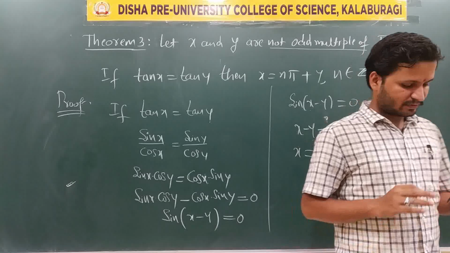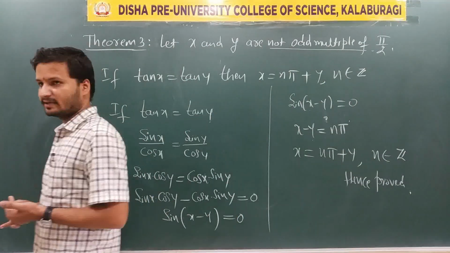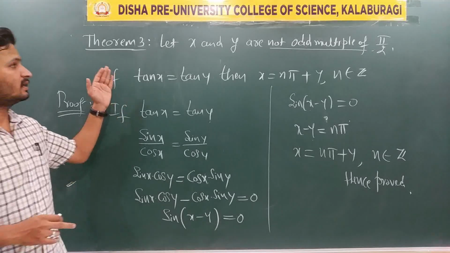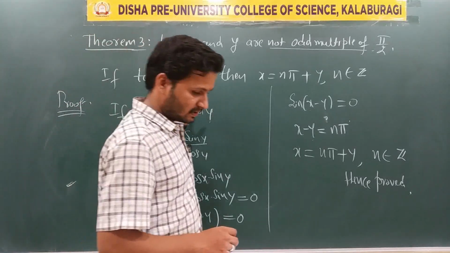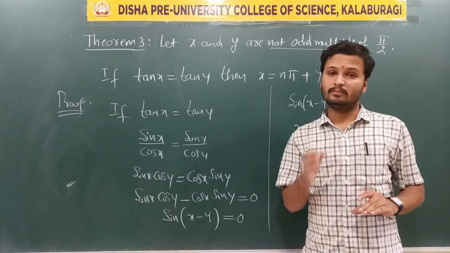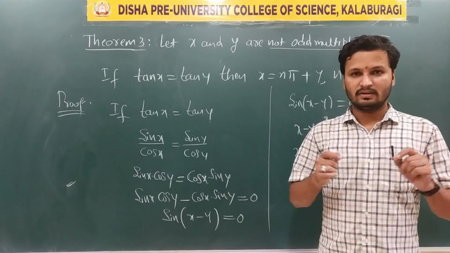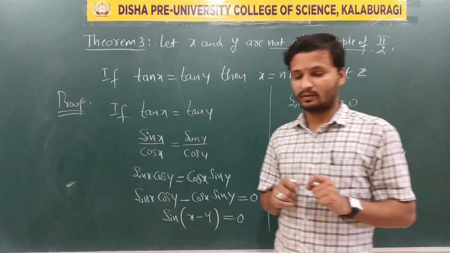The first one is the general solution of the sine function, cos function, and the third one, theorem number 3, is for the tan function. These three results are very important to solve problems. Based on these results, we have some problems. We'll discuss them.